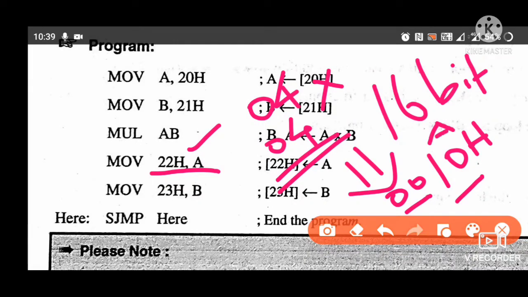Yes, the A register has the value 10 and the B register has the value 00h.